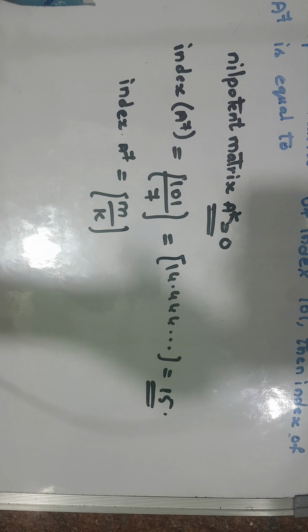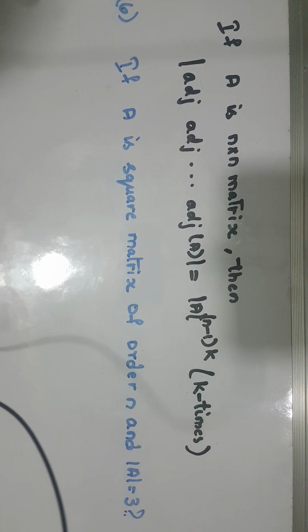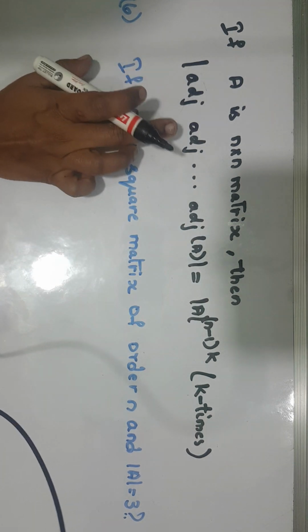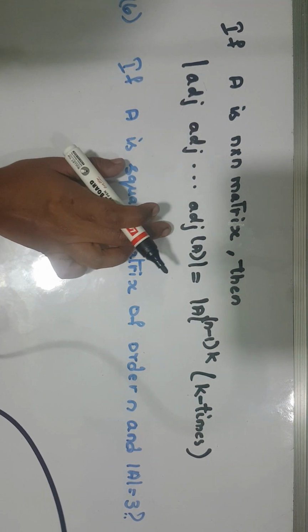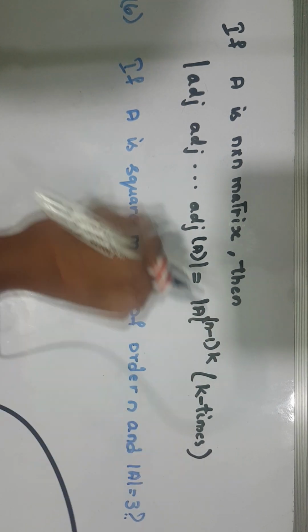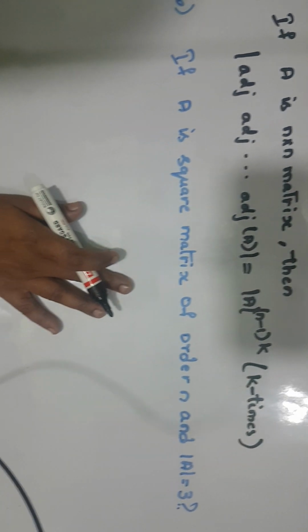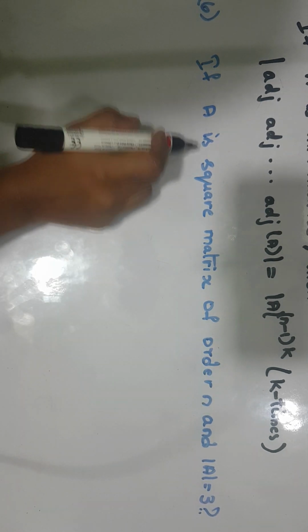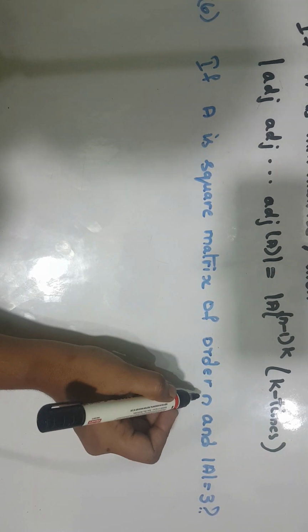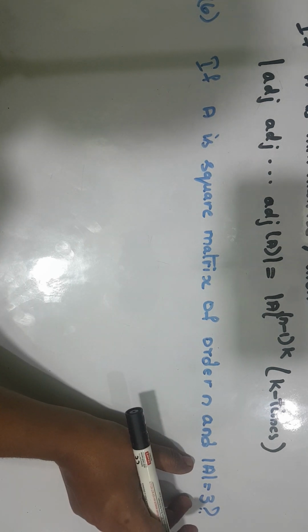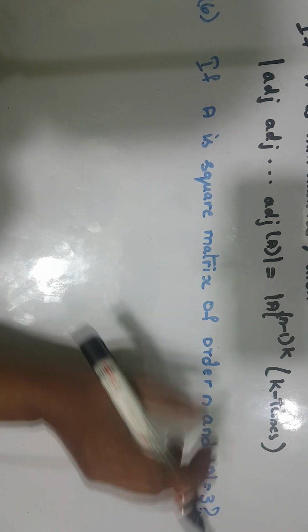Okay, now let us continue. If A is an n cross n matrix, then the adjoint of A, taken k times, is equal to A power (n minus 1) to the power k. Here A is a square matrix of order n, and the adjoint is taken 3 times, so k is 3.